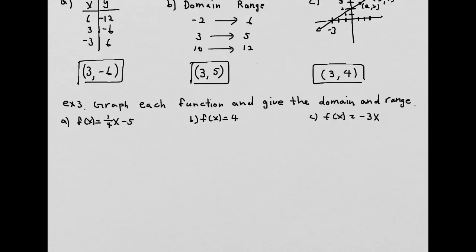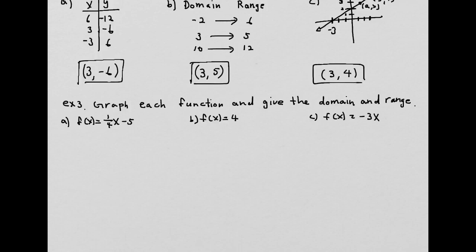Example 3 is graph each function and give the domain and range. So this is more related to the sections that we had from last class, right? So let's see if we can graph this. Graphing linear equations, we already learned that from Math 95. So let's see if we can remember that. You have f of x equals 1/4 x minus 5.